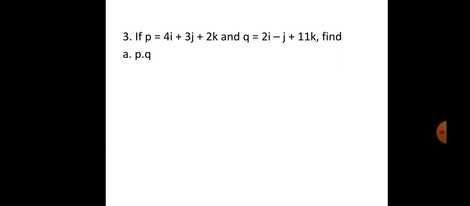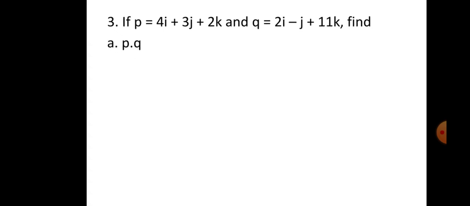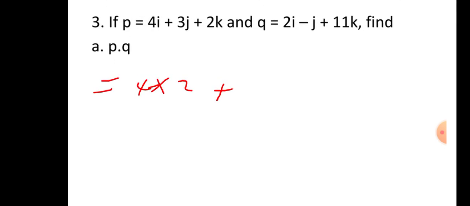Next, if P is equals to 4i plus 3j plus 2k and Q is equals to 2i minus j plus 11k, find P dot Q. So P dot Q is equal to 4 times 2 plus 3 times minus 1, that is minus 3, plus 11 times 2.